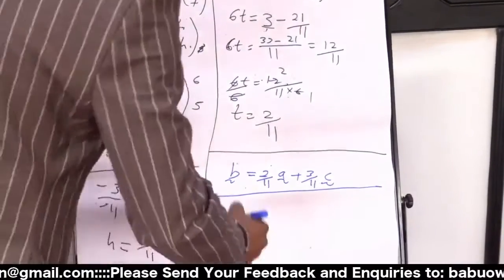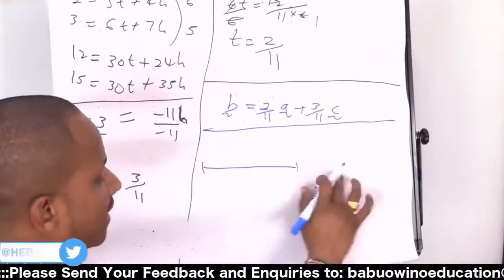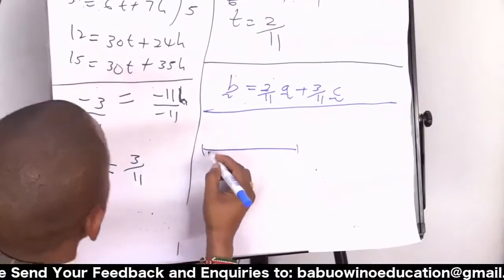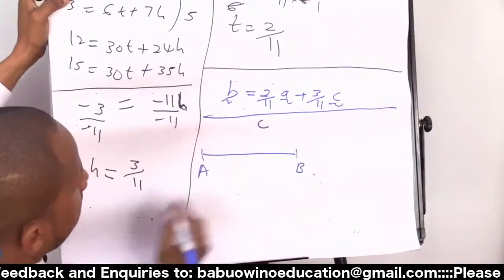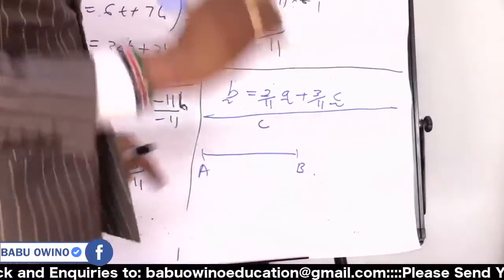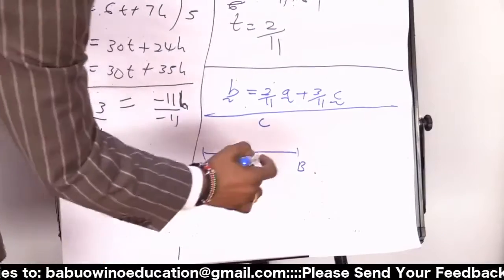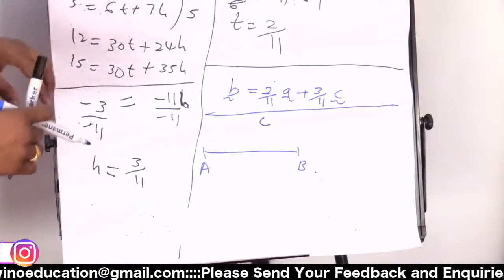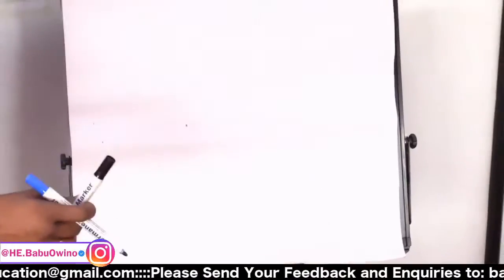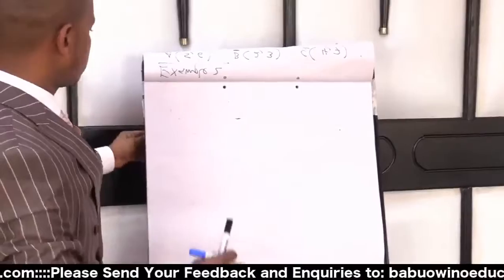So it means that the points that we had are not on the same line. If we have a point A, B, then a point C can be somewhere there. They are not on the same line. But if the fractions add up to 1, then it means that A, B, and C are on the same line. Okay? So that is the conclusion that we can make on that.